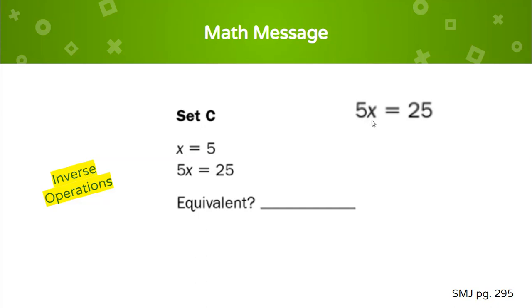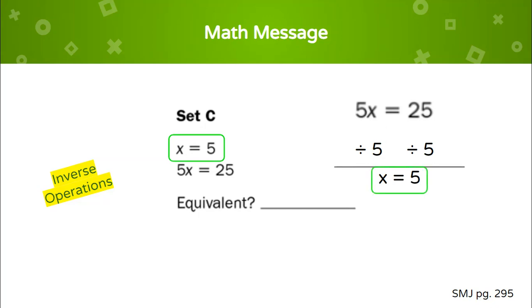This means 5 times x. And the inverse of multiplying by 5 is dividing by 5. And if we divide each side by 5, 5x divided by 5 equals x, and 25 divided by 5 equals 5. And so here's what we've got. We have x equals 5, and 5x equals 25 simplifies to x equals 5. And so, yes, they are equivalent.